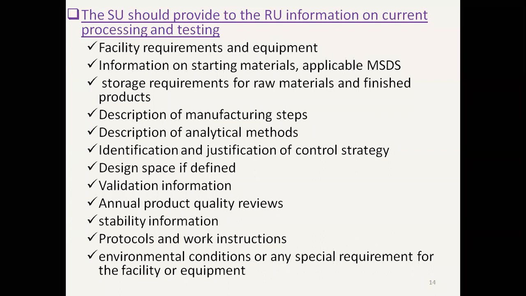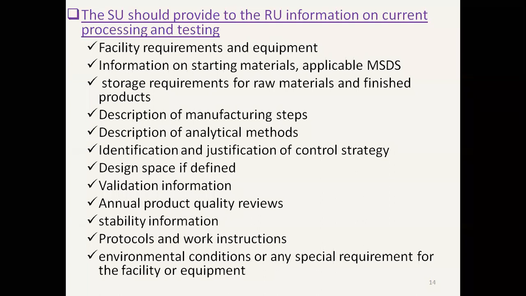Then the manufacturing steps they carried out, so a description of those manufacturing steps. Then descriptions of the analytical methods. Then identification and justification of control strategies, for example, identification of critical performance aspects for the specific dosage forms, identification of process control points, product quality attributes, and qualification of critical processing parameter ranges, some statistical process controls.